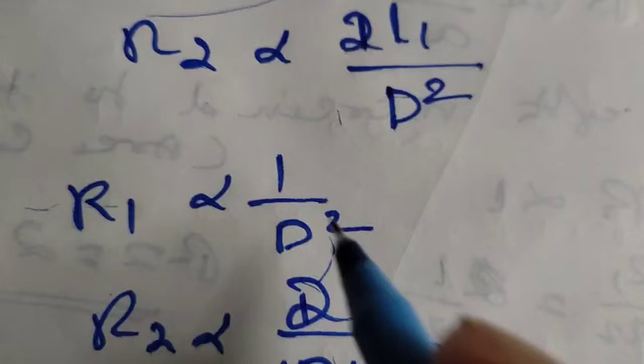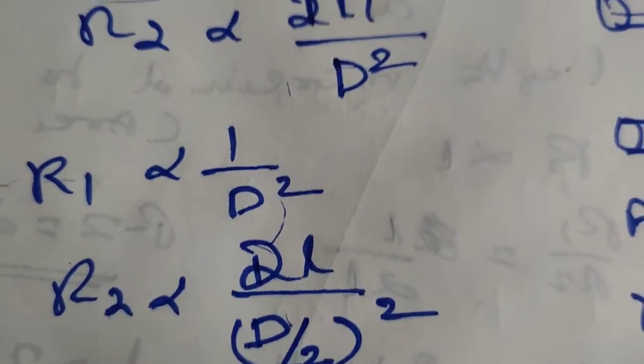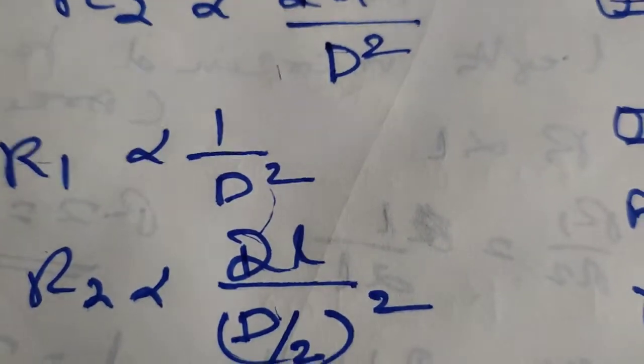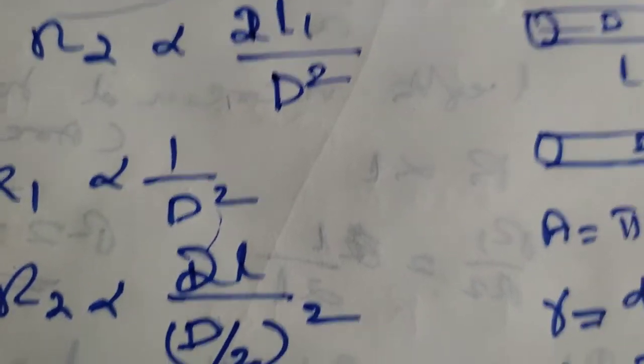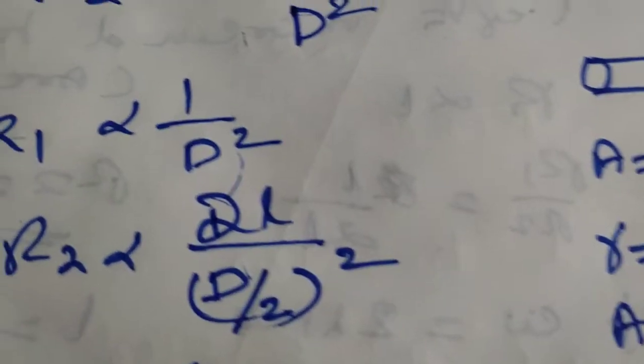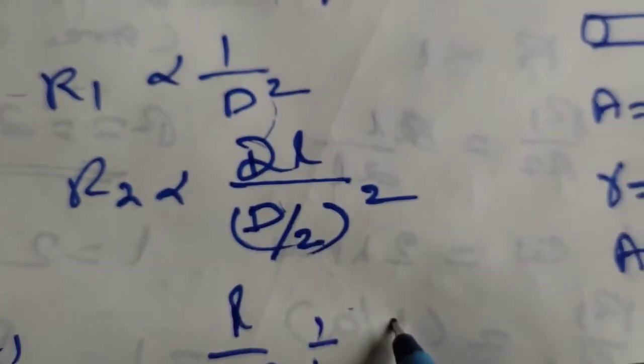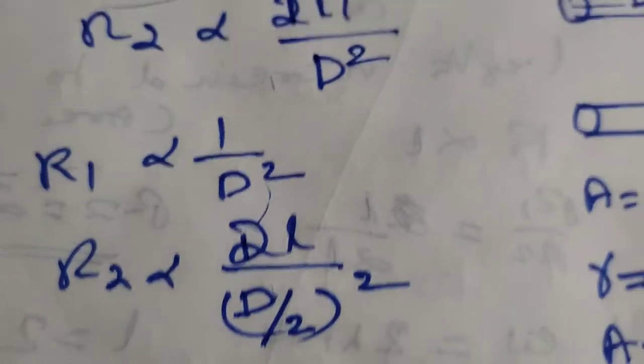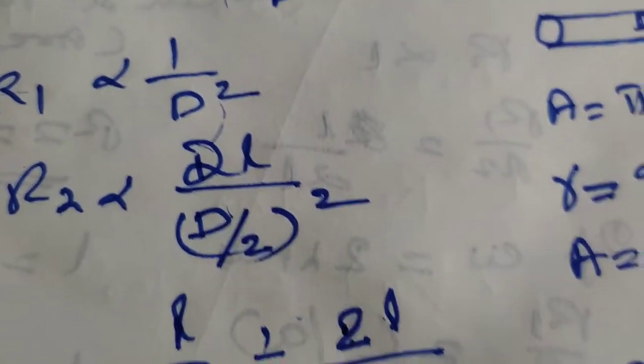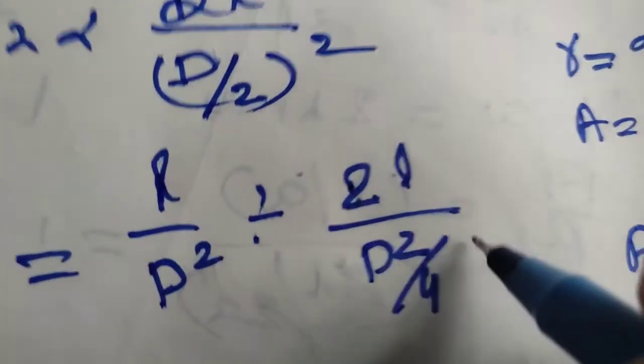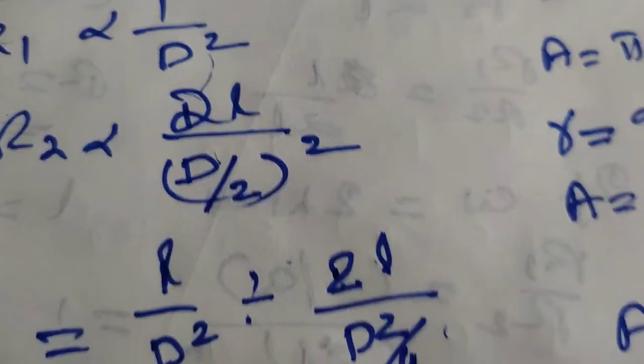Now R1 by R2 is equal to this divided by this: L by D squared, divided by 2L by D squared by 4.